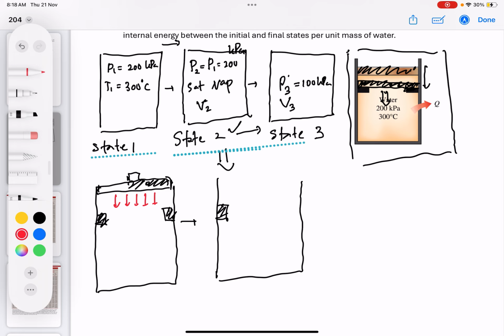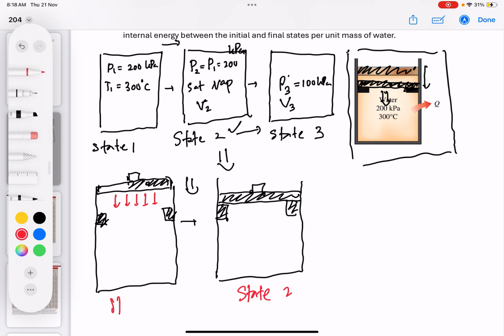Now my piston is just above the stop. So this is going to be my state number 2, and this one is state number 1. And then what happened to state number 3?